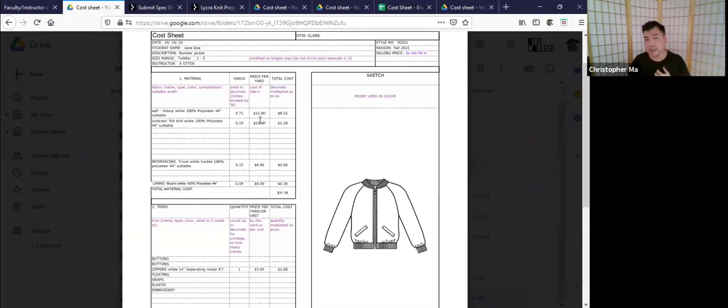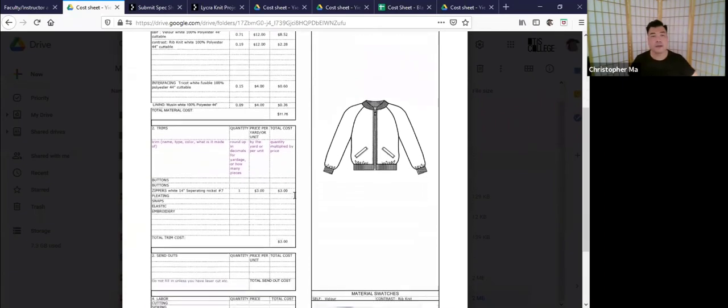Again, this is the yield, the price per yard, and total cost. So after you fill in the fusible, the tricot, and the muslin lining, you're gonna add all this up and put a total amount of the material cost that comes in yardage.